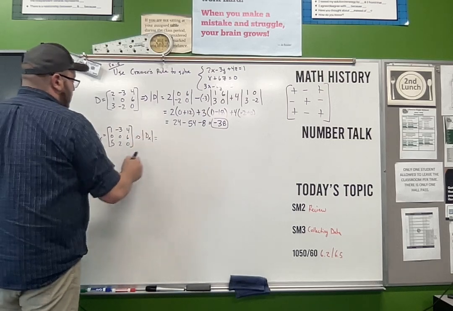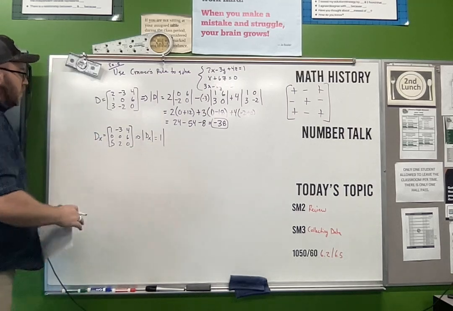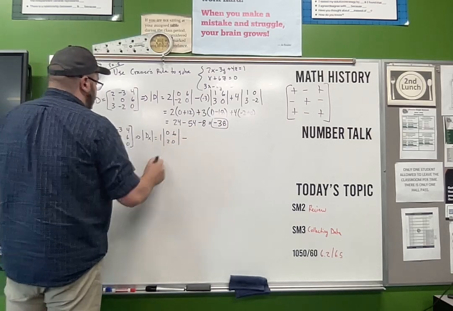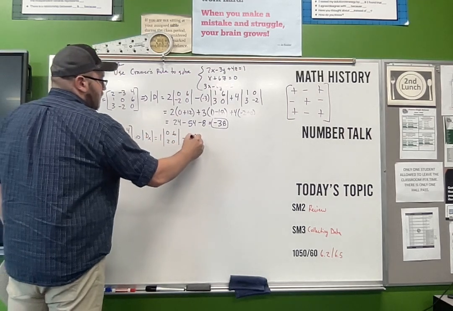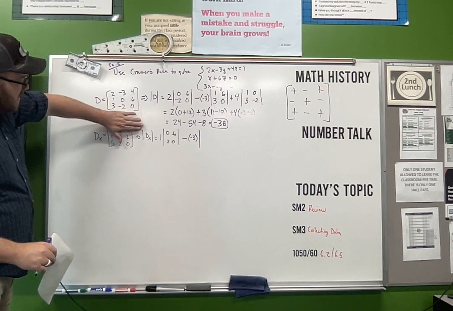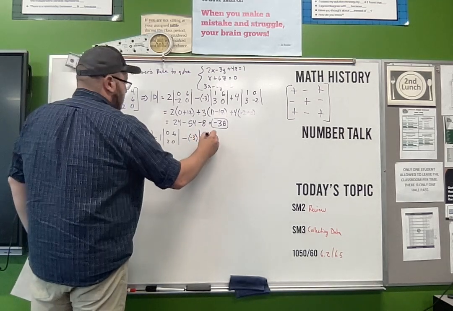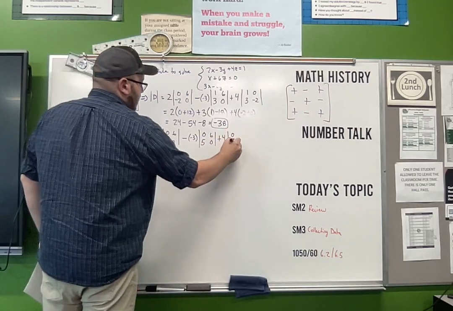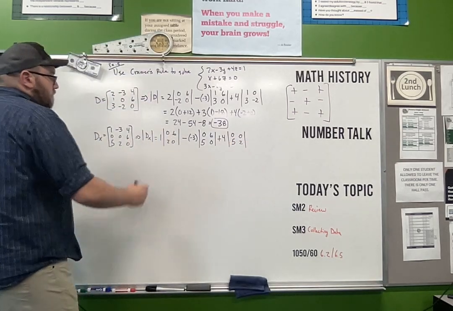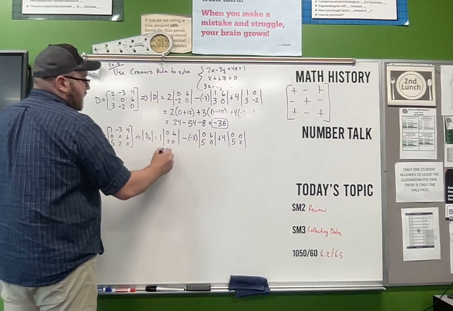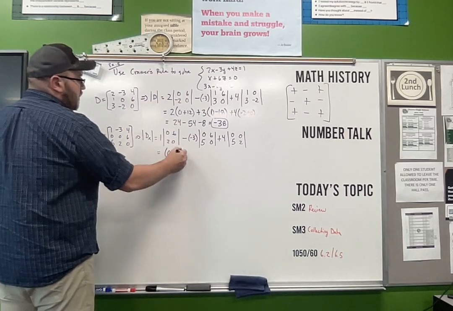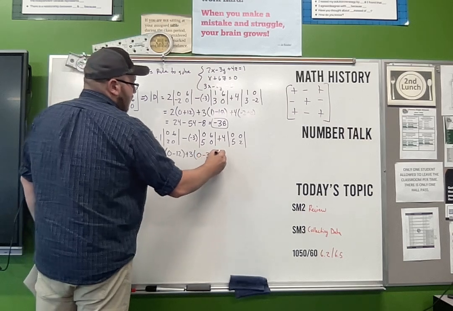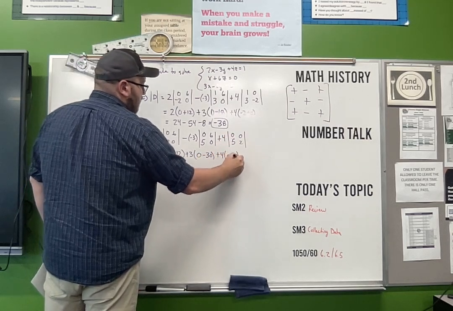Determinant of D sub x, that's 1 times, remove first row, first column, 0, 6, 2, 0, minus negative 3, remove first row, second column, 0, 5, 6, 0, plus 4, remove first row, third column, 0, 5, 0, 2. 1 times anything is itself, so we don't have to worry about that. 0 times 0 is 0, minus 6 times 2 is 12, plus 3 times 0 times 0 is 0, minus 6 times 5 is 30, plus 4 times 0 times 2 is 0, plus 0 times 5 is 0.